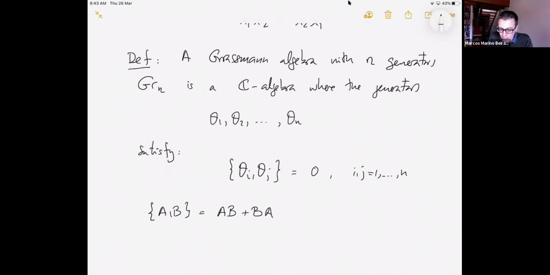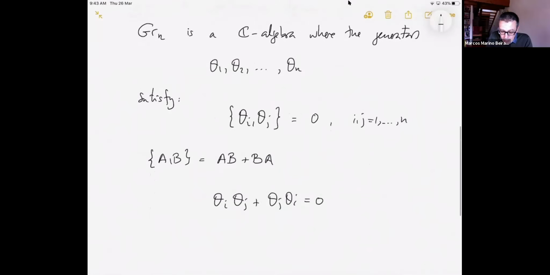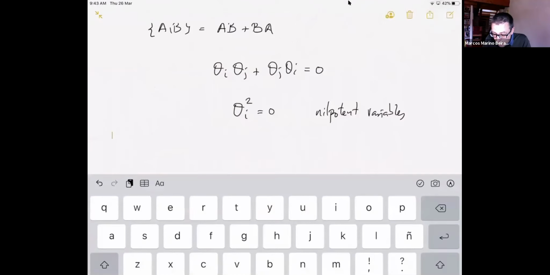Okay? So this bracket means just that theta i theta j plus theta j theta i is equal to 0. Okay? And in particular, theta i squared is equal to 0. So these are nilpotent variables, okay? So this is what a Grassmann algebra is. Okay?